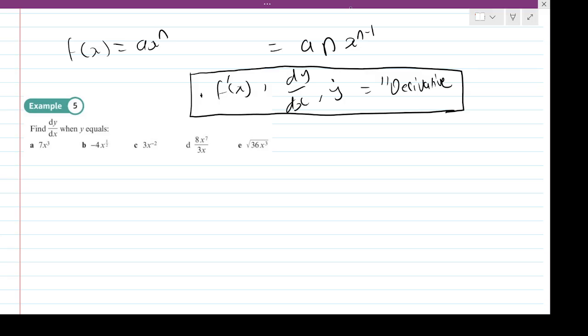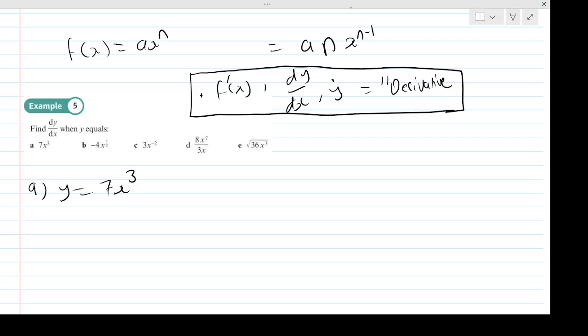Let's have a look at this example. We have dy dx then, so again the derivative, where first of all, y is equal to 7x to the power of 3, where we have a number 7 in front. But needn't worry, because we just leave the 7 where it is. So if we find dy dx, we leave the 7 where it is, then we differentiate the x cubed part.